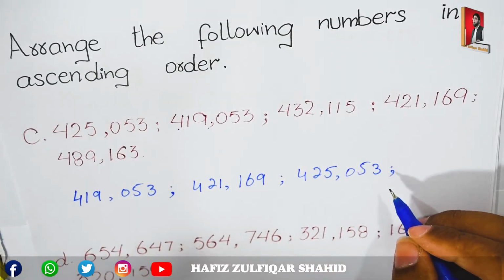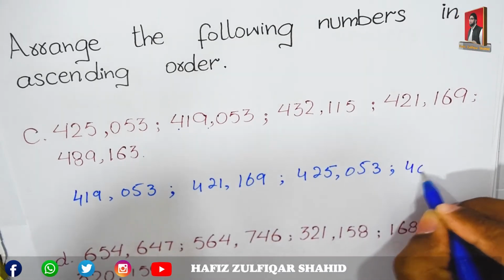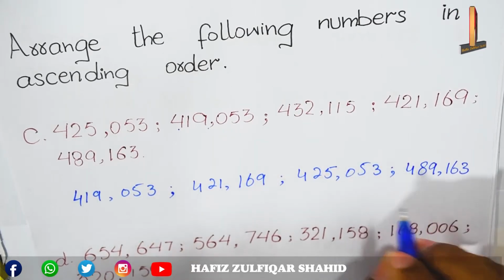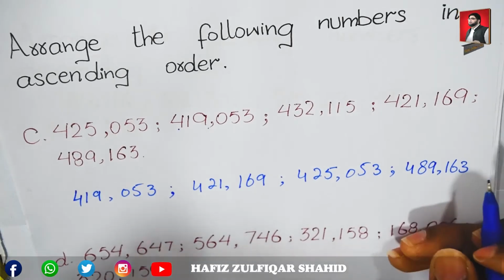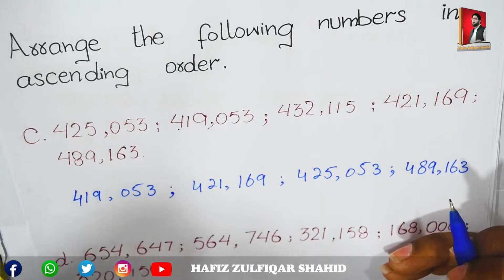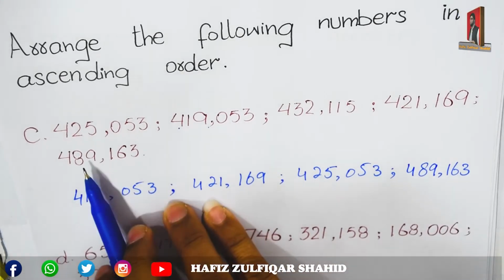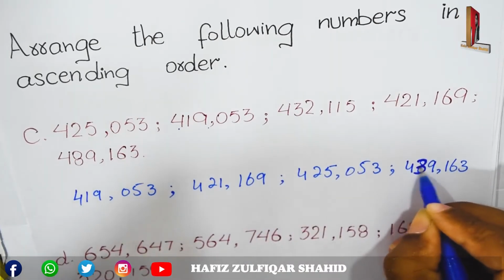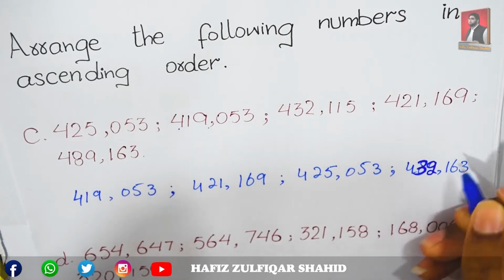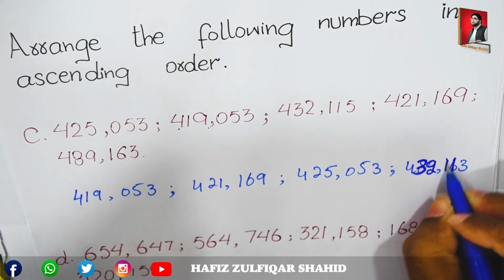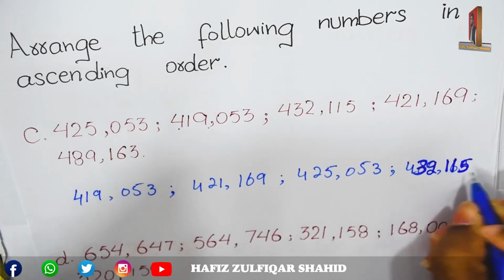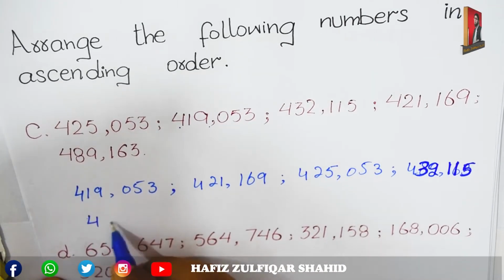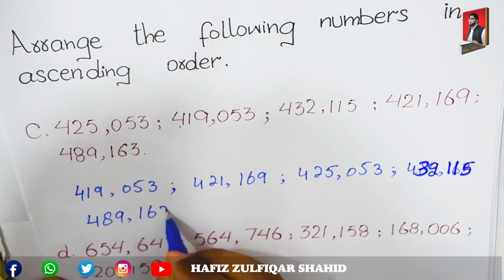Next is 489. We missed a value. 32,115. Now the last one is 489,163.